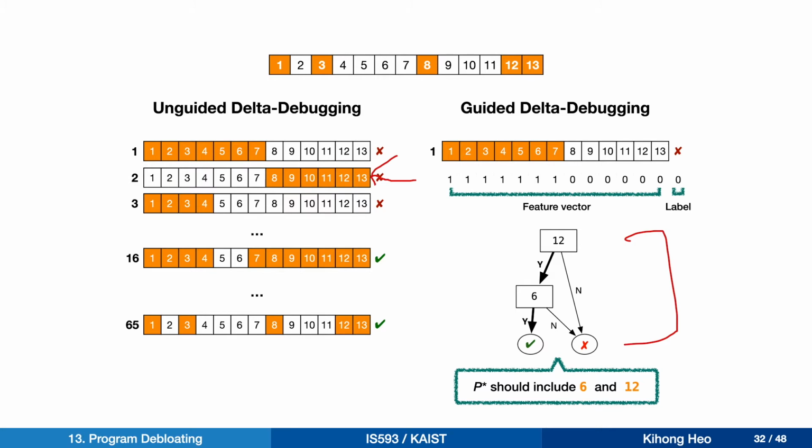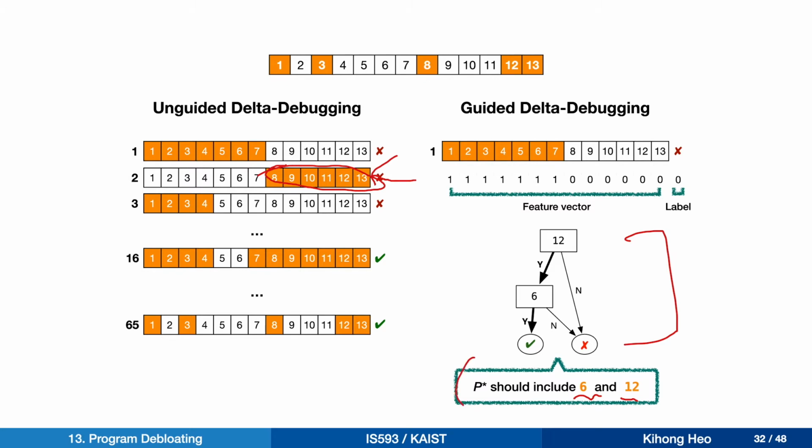The second hop. But see if this second hop satisfies the decision tree. The answer is no, right? Because the decision tree suggests the minimal program should include label 6 and 12, but the second hop does not satisfy this condition.